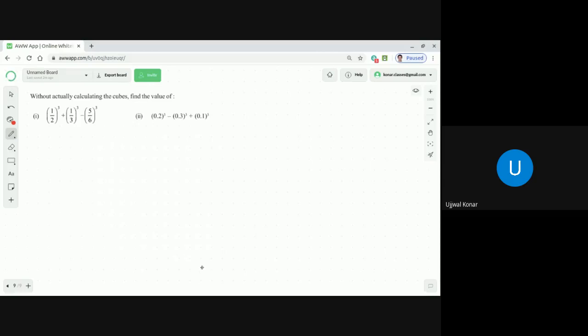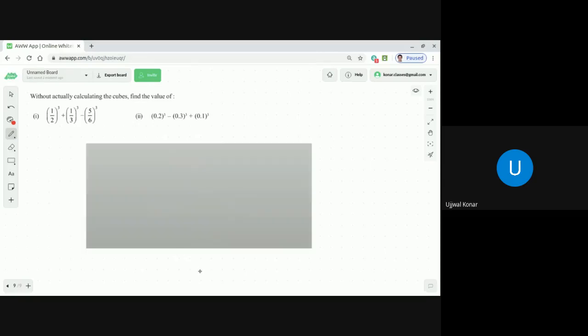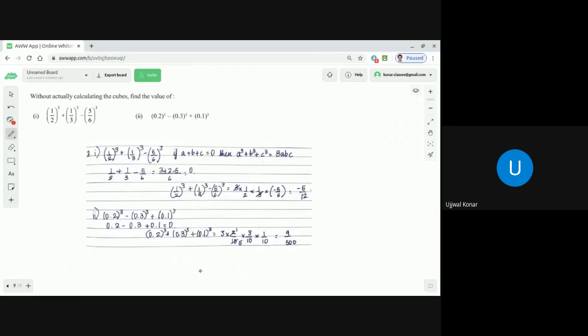Now, if a cube plus b cube plus c cube, if you apply that one, what you are going to get? It should be 3abc, na? Yes, sir. Set 10, right? Yes, sir. 3 into 1 by 2.